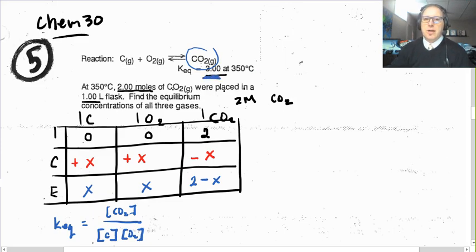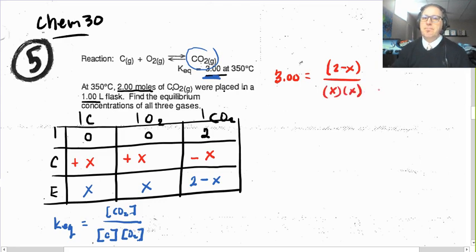So this number is now going to be pretty important. All right, let me just make some room here. So the KEQ is actually 3.00, not times 10 to anything, it's just 3. And we have CO2, which up top here is 2 minus x. And on the bottom, we have x times x. Okay?